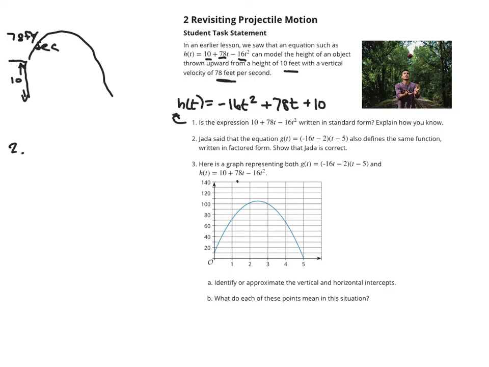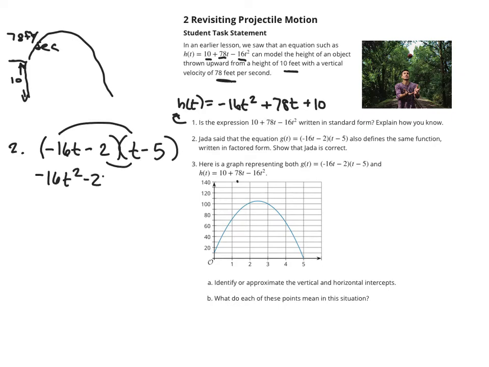Question 2. Jada said the equation negative 16t minus 2 times t minus 5 also defines the same function written in factored form. Show that Jada is correct. Well, just like we did in the last lesson, I'm going to FOIL these two binomials. So first times first, inner, outer.